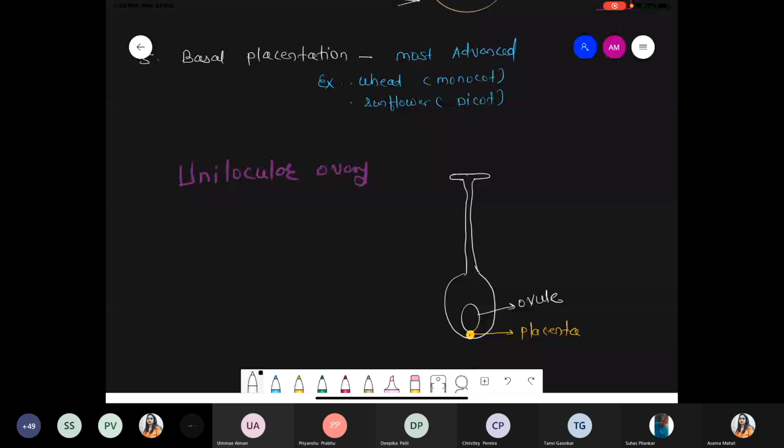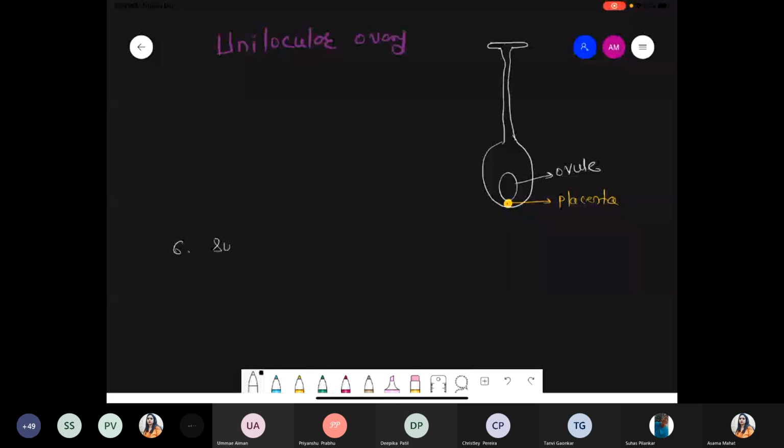The total 5 types: marginal, axial, parietal. The last one, number 6, we are talking about superficial placentation, which is the most primitive. In the case of the most primitive, we take the example of water lily.